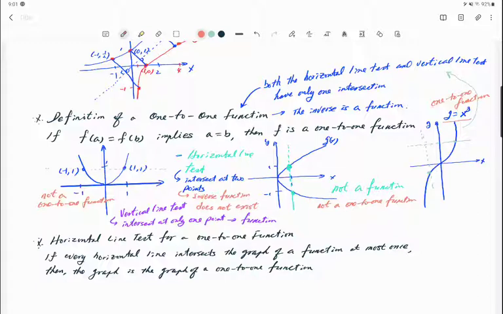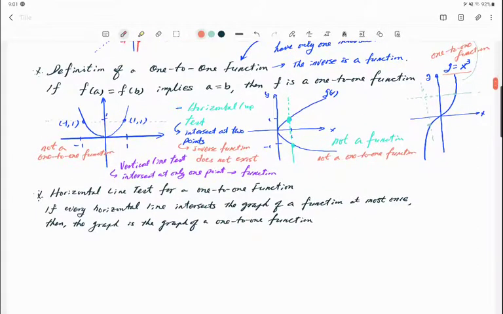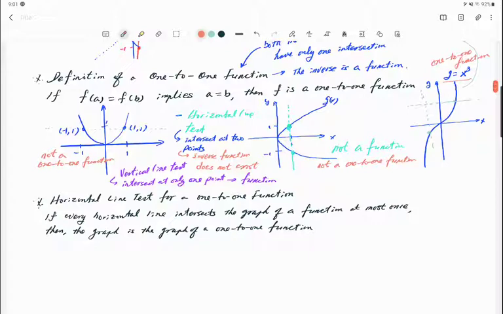And the third one is a one-to-one function because horizontal lines and vertical lines contain only one intersection. If a function is one-to-one, then the inverse function exists.